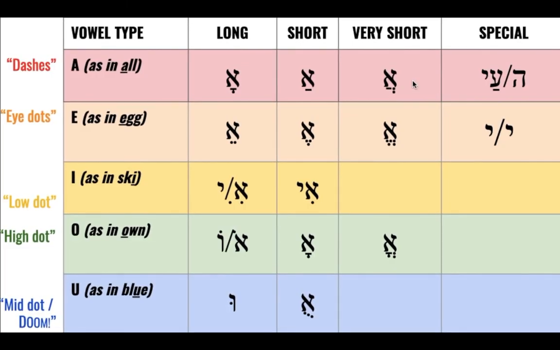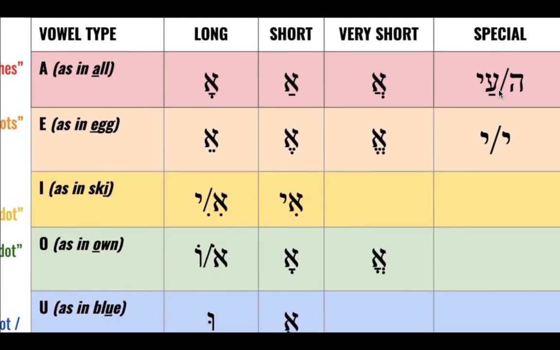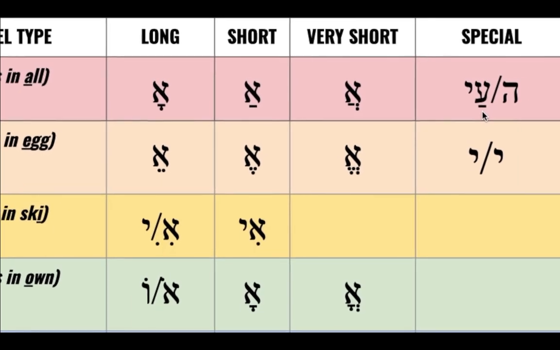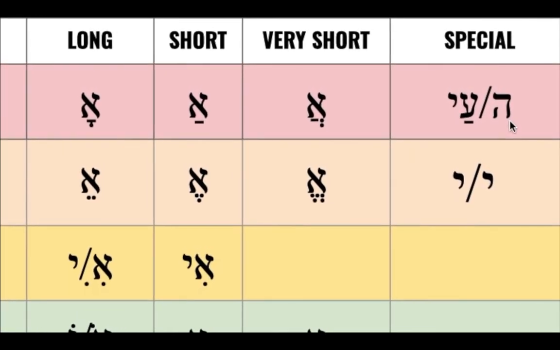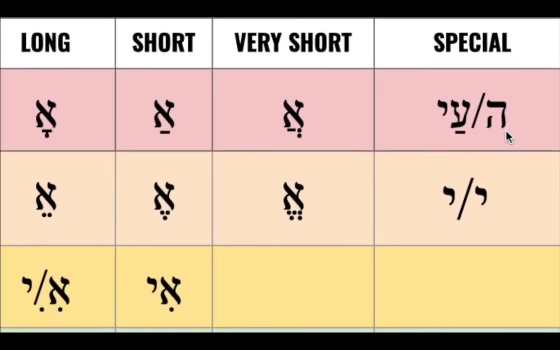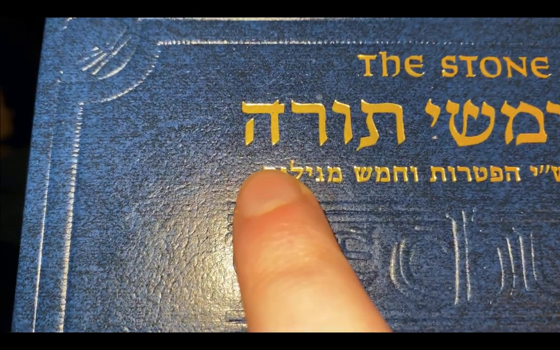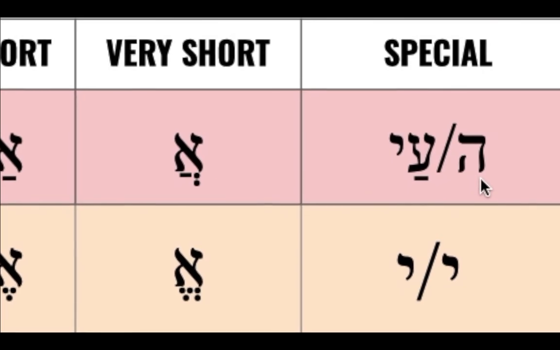We also have implied as an A type vowel, the ayin and the alef will have this short A sound. And then we have the hey, which at the end of a word will imply a vowel, as in Torah. So Torah has a hey at the end, and the last vowel sound is an A.